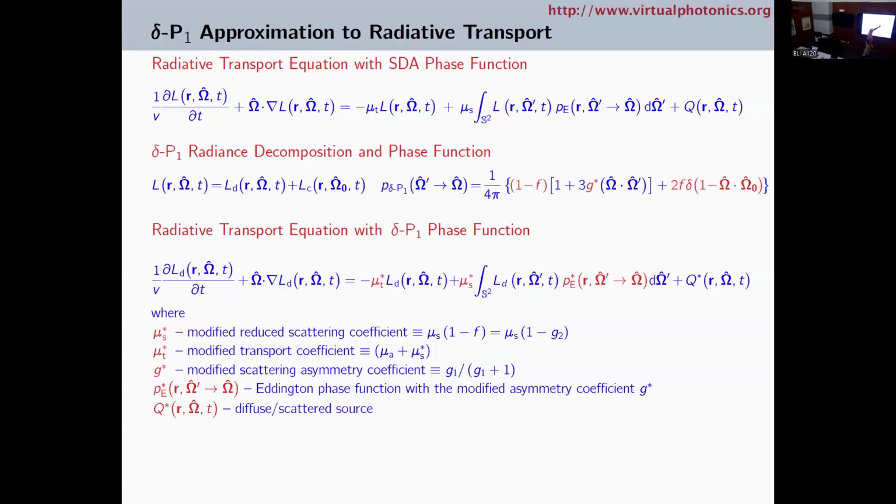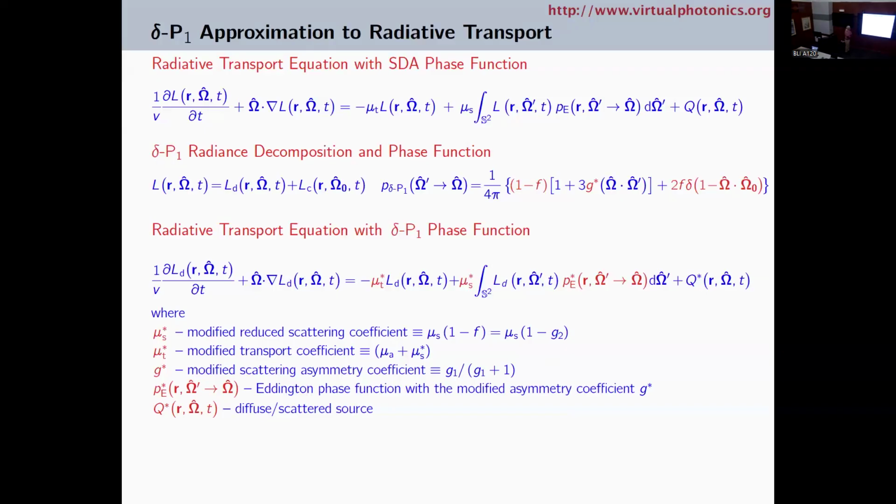And so you end up having two equations and two unknowns, and there's a relationship between f and G star and the original phase function, which is just without this n1 plus 3G. And so F is explicitly determined. It's actually 1 minus the second moment of the phase function. So there's no guesswork. F is explicitly determined.